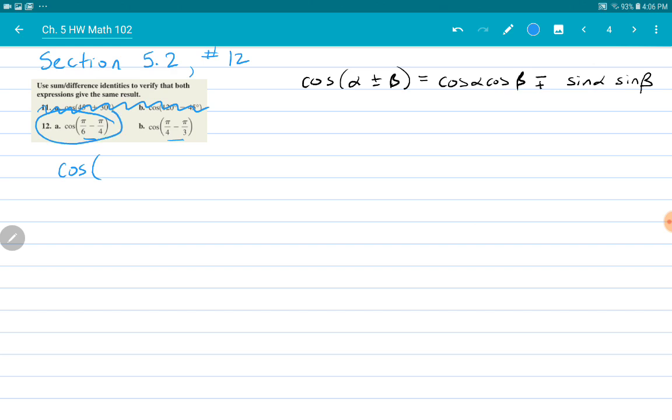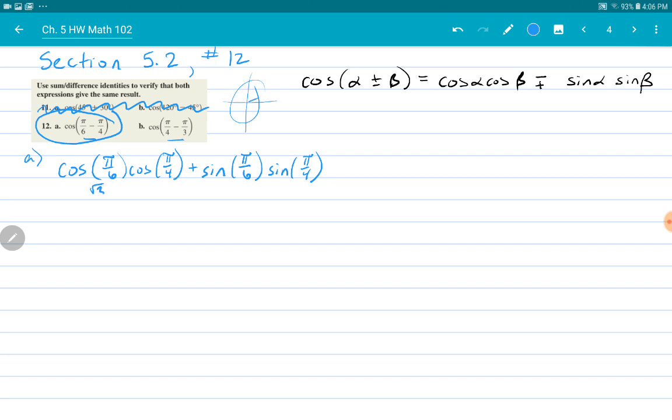I'm going to do A in cosine, in blue, so I get cosine of pi over 6 times cosine of pi over 4. That minus becomes a plus, and I get sine of pi over 6 times sine of pi over 4. And then thinking about my unit circle, my pi over 6 is right about there, so that's the long way.